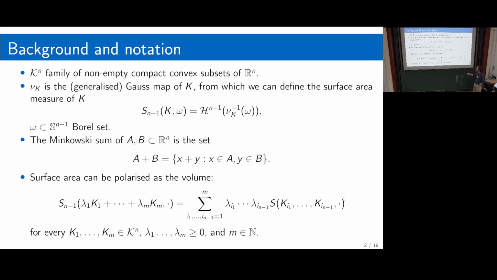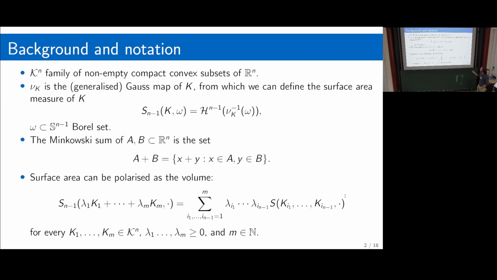Since this is a measure, we will have a polynomial expansion in the dilations of the sets K1, ..., Km, and the coefficients are called mixed surface area measures. This is at the core of what I will try to present.